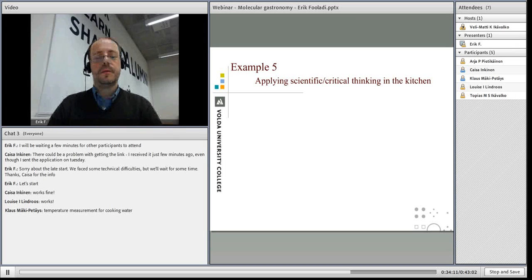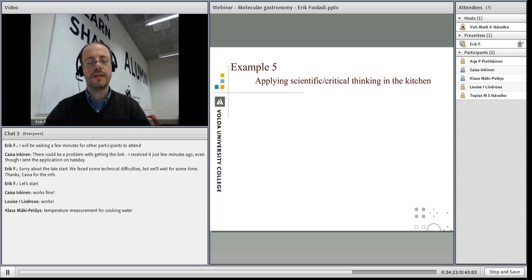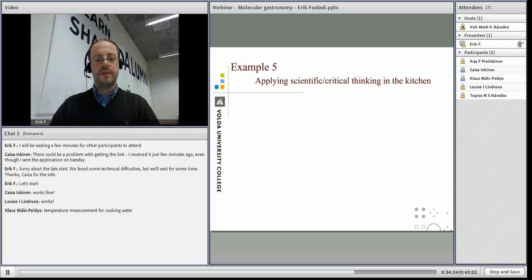And yet another example or possibility of linking science and food cooking to see how these work together is to apply scientific and critical thinking. And this is the last example I will mention, although we might find more examples as well.